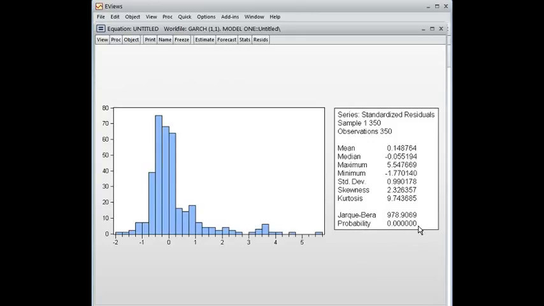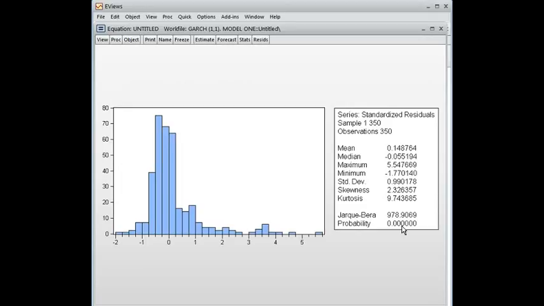The p-value is less than 5%, so we can reject the null hypothesis.